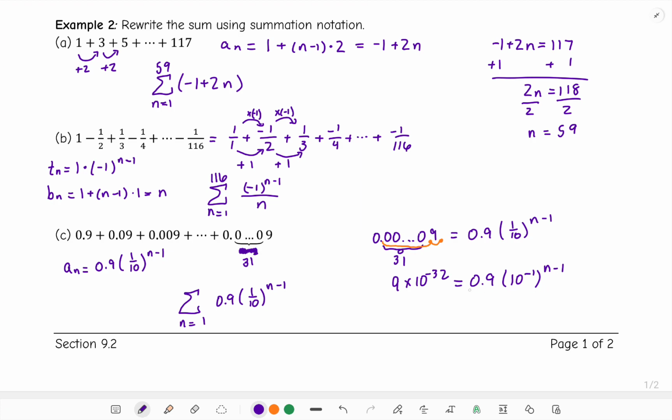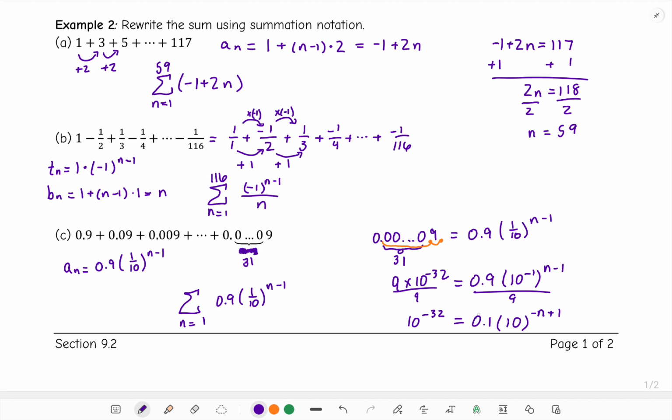Then, what do I want to do? Divide by 9. We get 10 to the negative 32 equals 0.1 times 10 to the negative n plus 1. Because 0.9 divided by 9 is 0.1. That's where that's coming from.